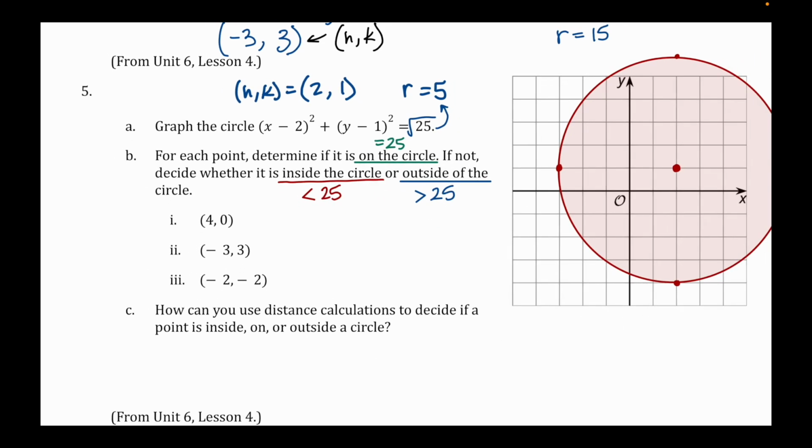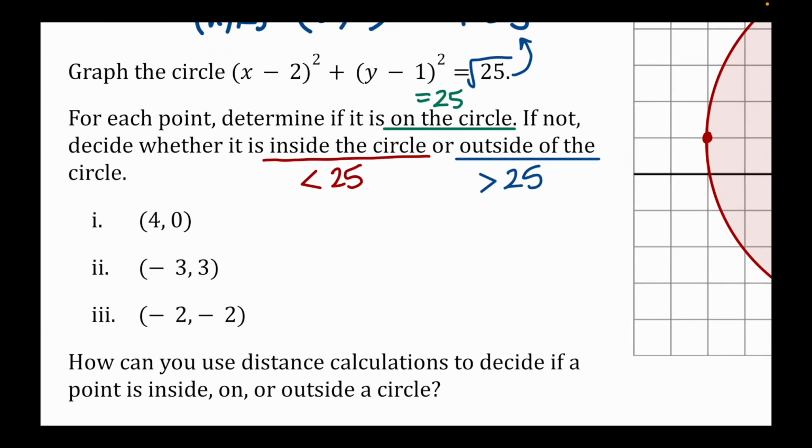So let's plug each of these in, and we're just going to evaluate each of these points. We are just going to do the left-hand side of this, really. So we're going to do 4 minus 2 squared, and we're going to add that with 0, the y value here, minus 1 squared.